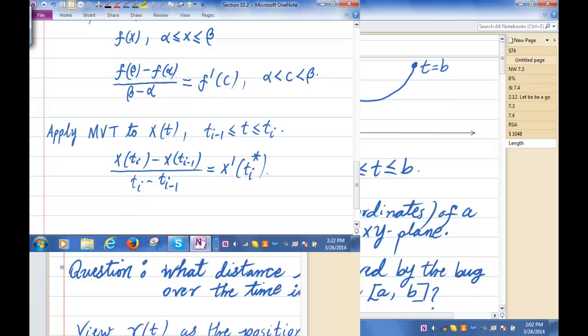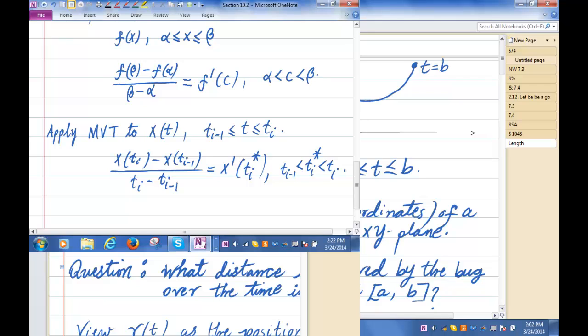I'm going to call that t i star, where t i star is between t i minus 1 and t i, right? So the average rate of change of x over the interval is the same as the instantaneous rate of change of x at some number in that interval. Everybody is okay with that?